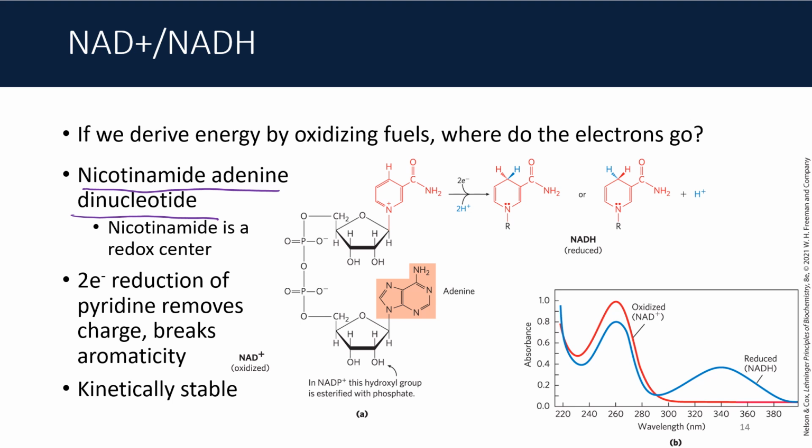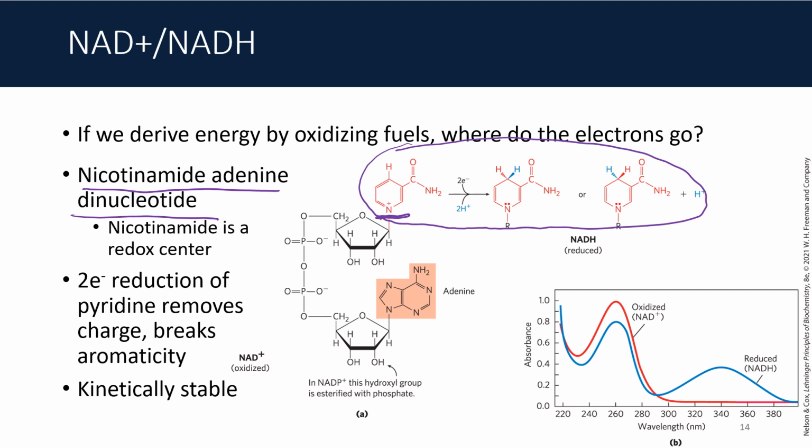The important thing here to note is the way in which NAD+ picks up electrons. This nicotinamide group bears a redox center, which is quite unusual for organic compounds. In its oxidized state, the nicotinamide group exists as a positively charged pyridinium.